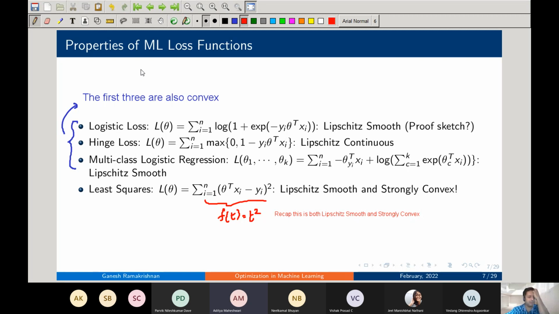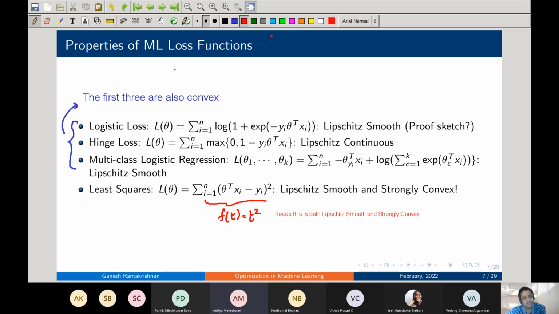Now, is it also Lipschitz continuous? By the way, is logistic loss Lipschitz continuous? I forgot to ask. In general, Lipschitz smoothness need not imply Lipschitz continuity. But in many cases, as we have seen, in bounded regions of R^n, you typically have that Lipschitz smoothness implies Lipschitz continuity.